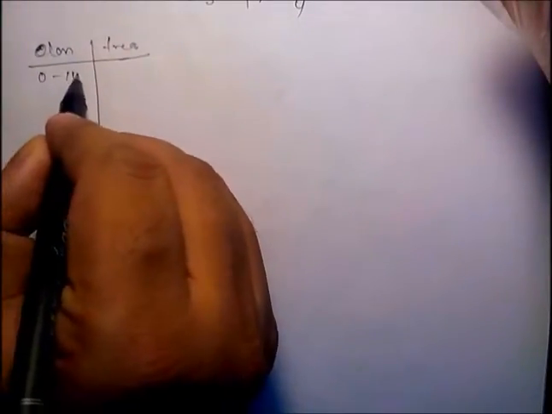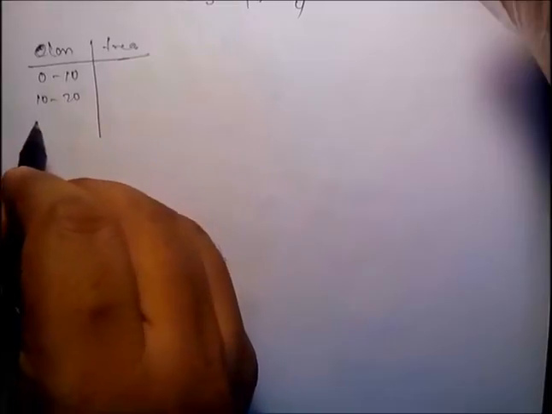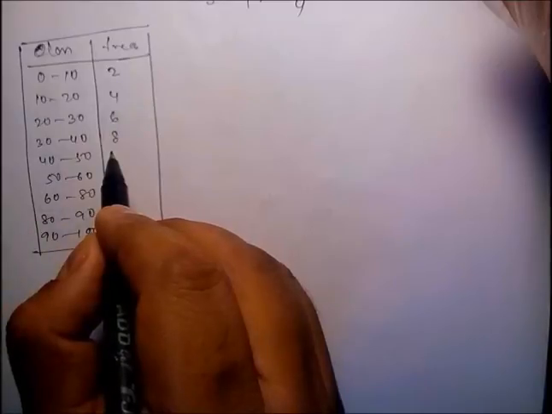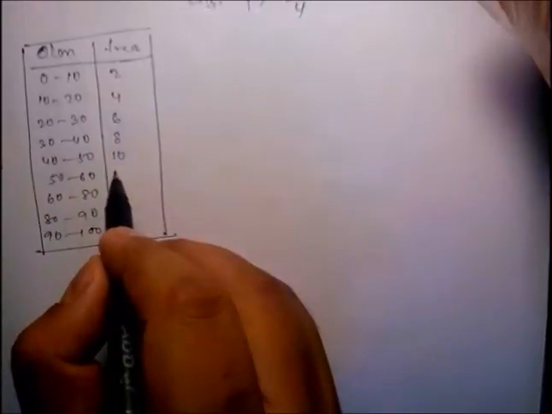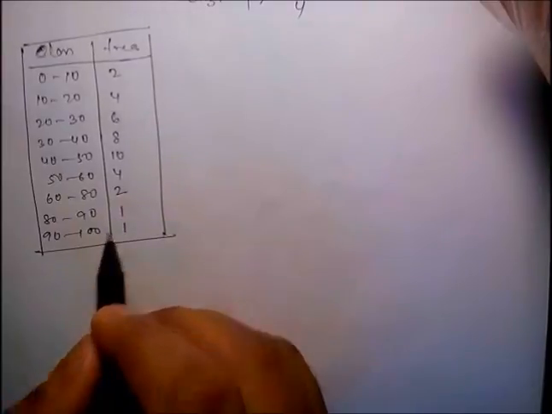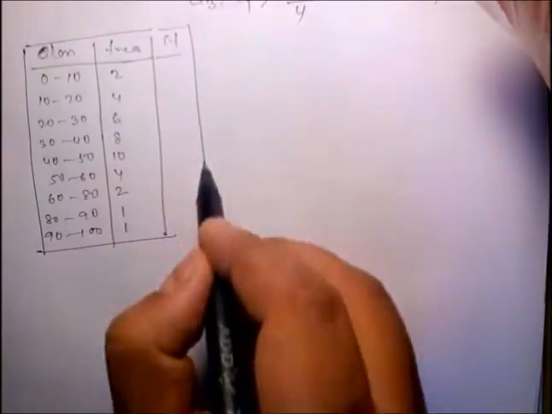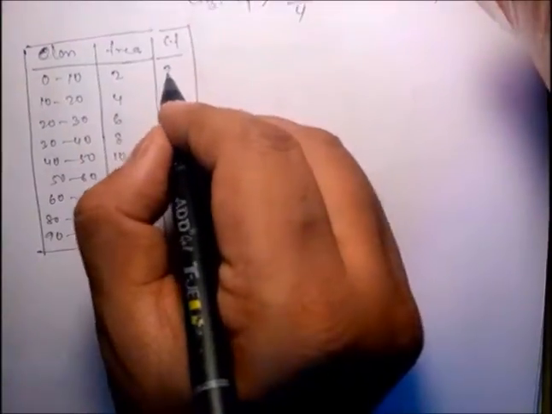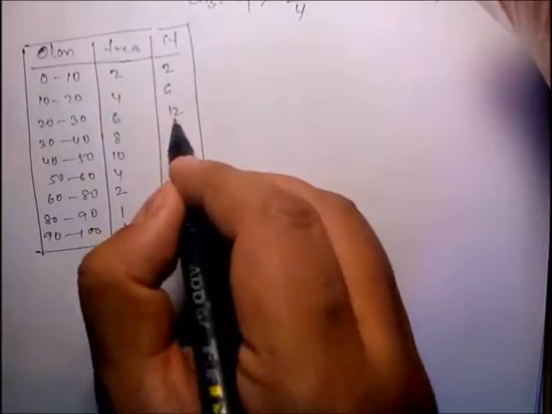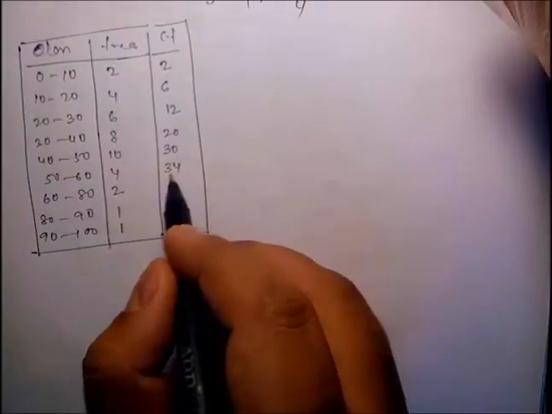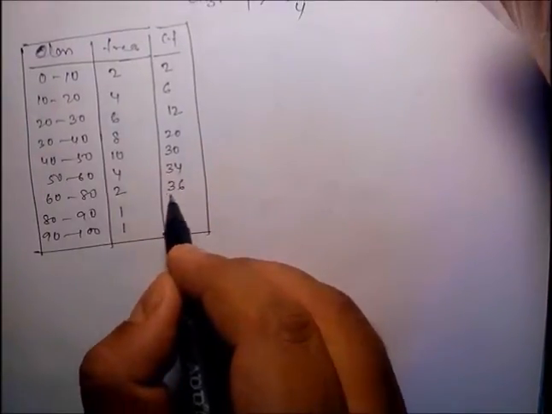The classes may be 0 to 10, 10 to 20, 20 to 30, 30 to 40, and so on, with frequencies 2, 4, 6, 8, 10 and so on. First we calculate the cumulative frequency: 2, 6, 12, 20, 30, 34, 36, 37, 38.